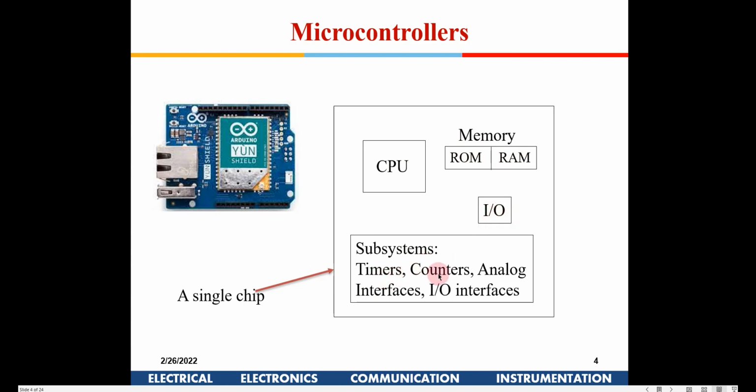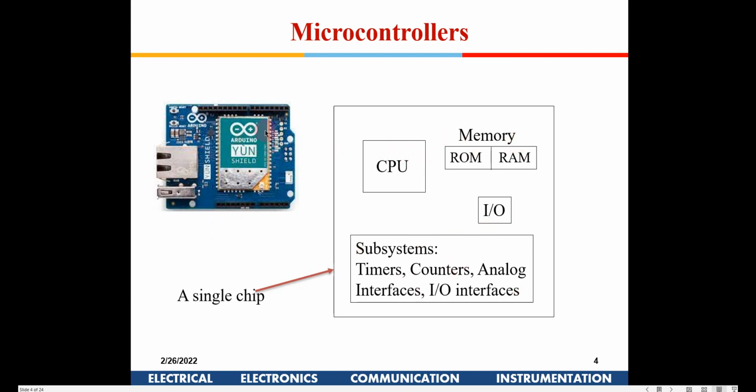You have timers, counters, analog interfaces, everything put together. So you find this is the Arduino chip, and on the board there is hardly anything. Only some ports are available, and then there is a power supply regulator where you can plug in the power supply. There will be some input ports and an output. So everything is put within this chip.